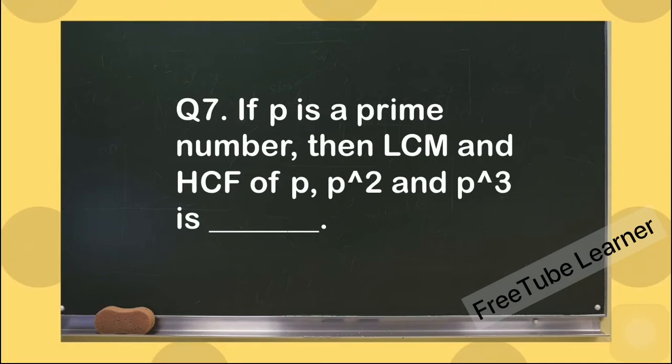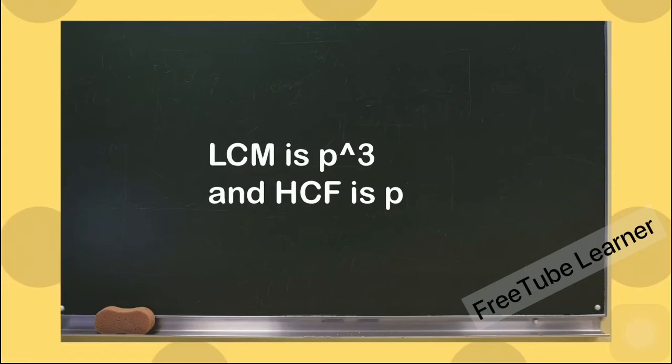Here the only prime factor involved is p. Therefore, the LCM will be p raised to 3, which is the greatest power. And HCF is the product of the smallest power of each common prime factor in the numbers. Here the common prime is also p, therefore the lowest power is p. Hence HCF equals p.